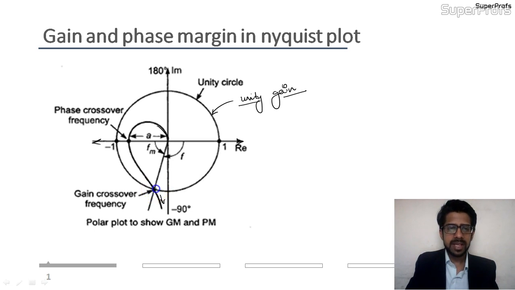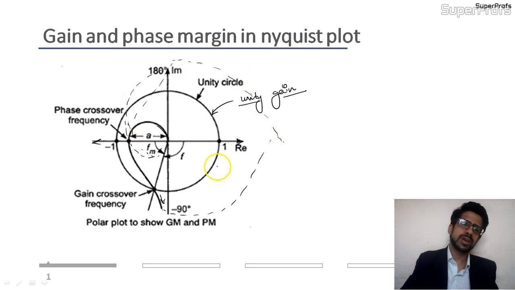This is my gain crossover frequency, where this particular Nyquist plot extends like this. If I am to draw the Nyquist plot, this is essentially a polar plot, but I'm extending this to be a Nyquist plot.